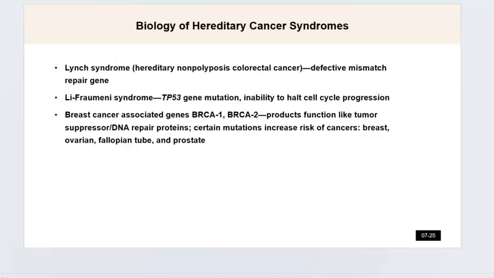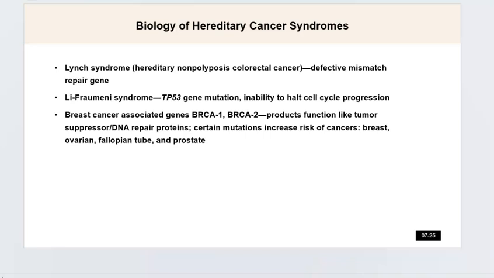Okay, so some of the hereditary cancers we do need to talk about, that you've heard of them again and know what they are and you're familiar. One of them is Lynch syndrome, hereditary non-polyposis colorectal cancer. It's a defective mismatch repair gene. The mismatch repair genes are genes that play a role in ensuring the accurate pairing of our DNA base pairs.